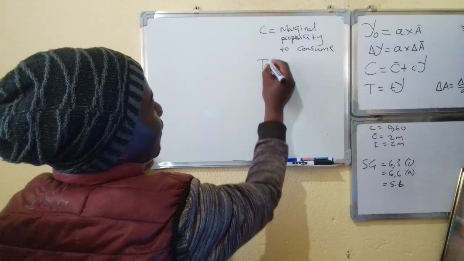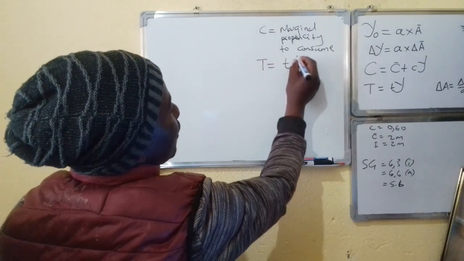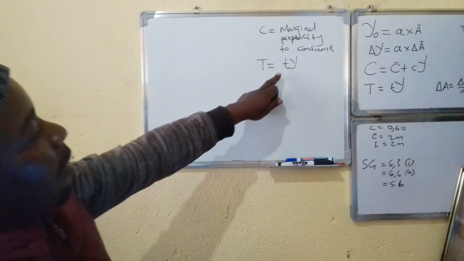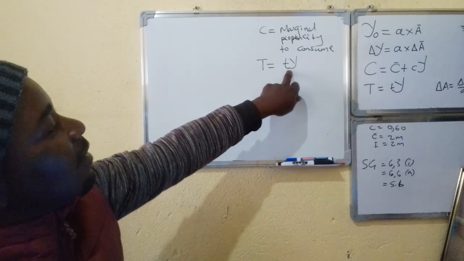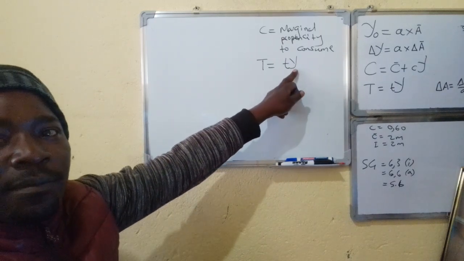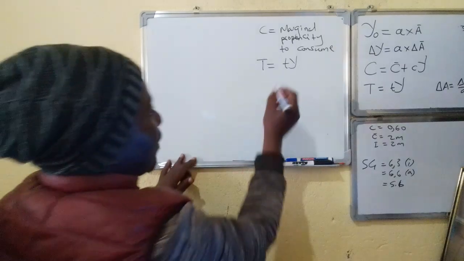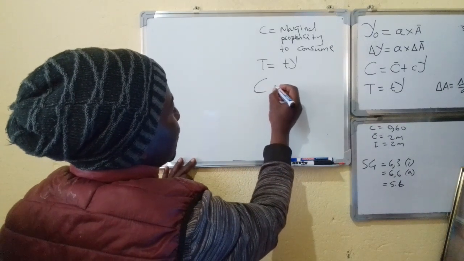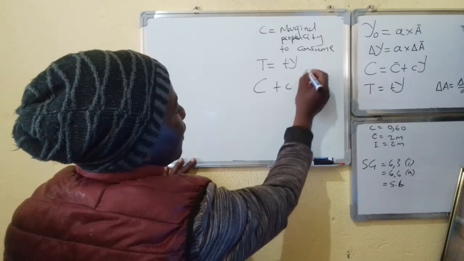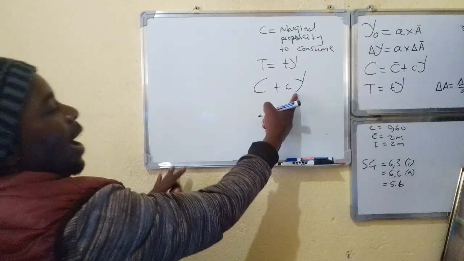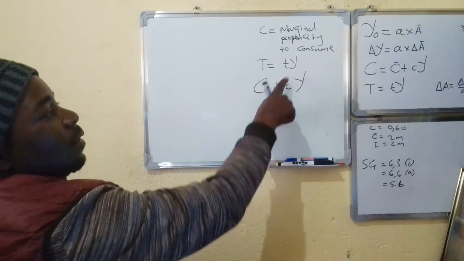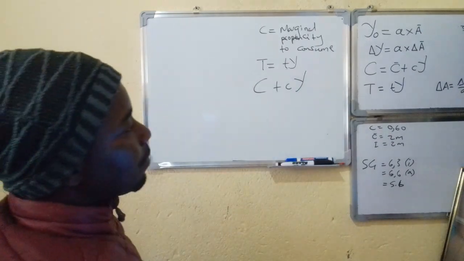And then tax equals T next to Y. It means that tax takes a portion of income, like the consumption function where you have C plus little c, which takes from Y, marginal propensity to consume, and then that one is the taxation.